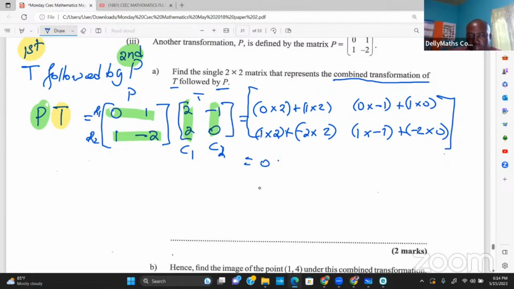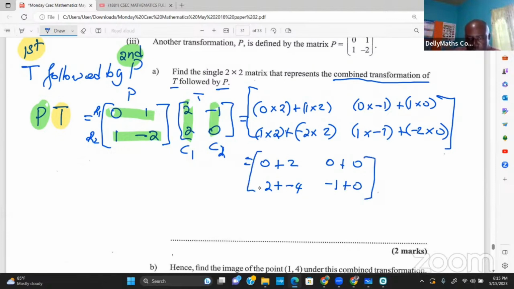This is 0 plus 2. Then I have a 0 plus 0. And where are we now? We have 2 plus -4. I have a -1 plus 0.